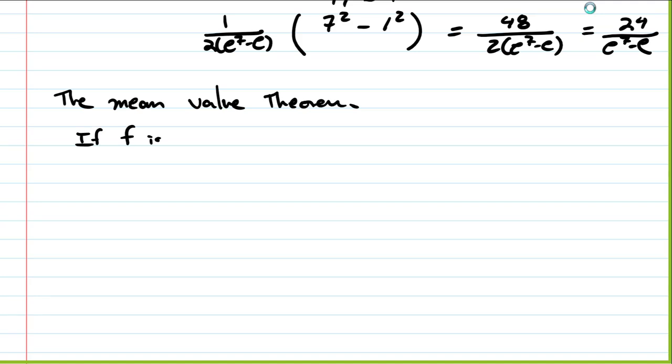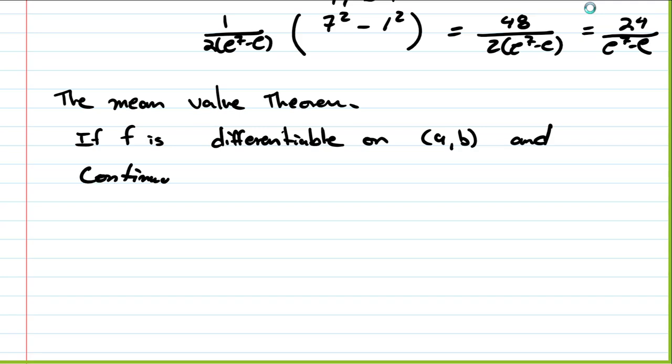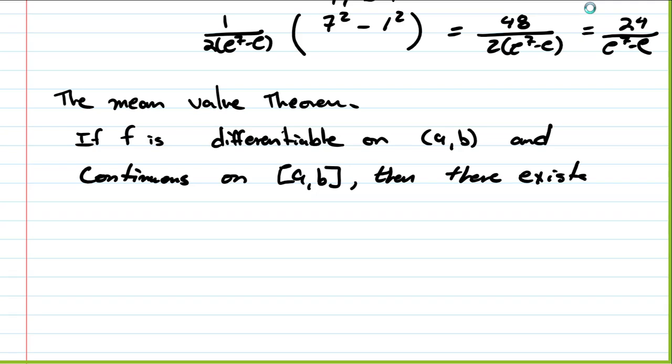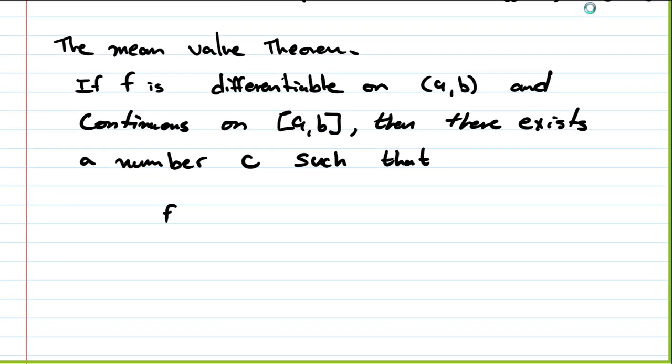If f is differentiable on the interval (a, b) and continuous on the closed interval [a, b], then there exists a number c such that f prime of c times b minus a is equal to f of b minus f of a.